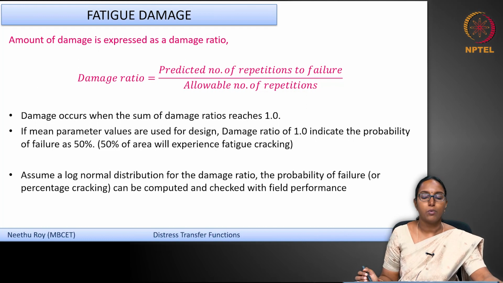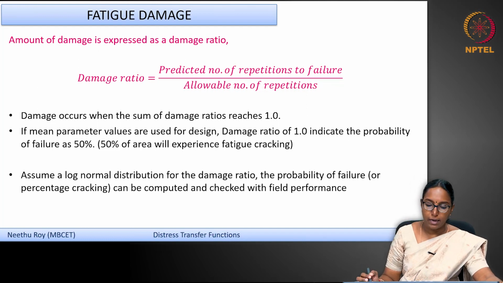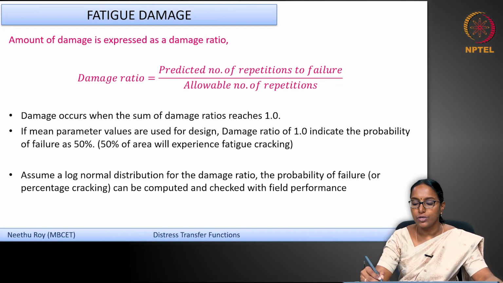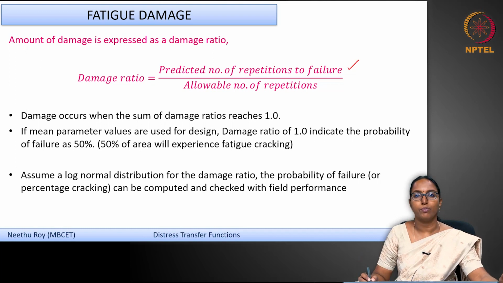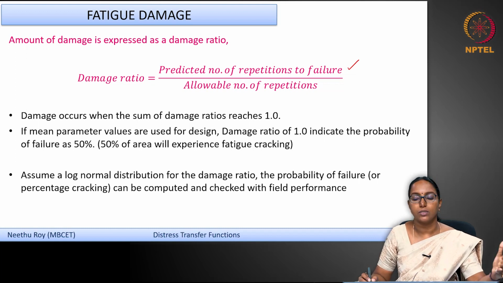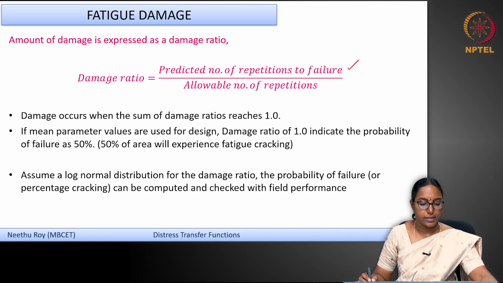The amount of damage can be expressed as a damage ratio, where the damage ratio is the predicted number of repetitions divided by the allowable number of repetitions to failure. When this damage ratio reaches 1, you can say that failure has occurred, because the predicted number of repetitions reaches the allowable number of repetitions.